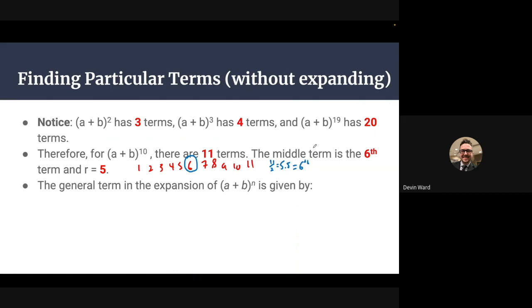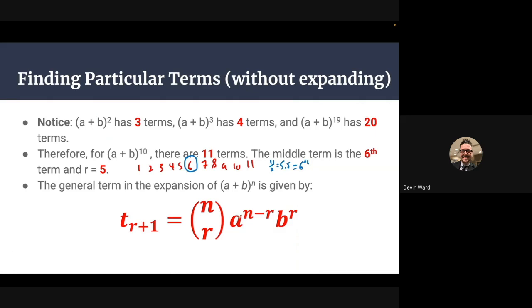So if we're trying to say what the general term is, without having to expand out 20 different terms, we can find the general term by t with a little subscript r plus 1. That's going to be the term number, equal to n choose r, a to the power of n minus r, b to the power of r.